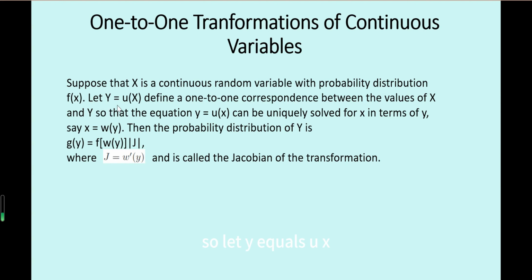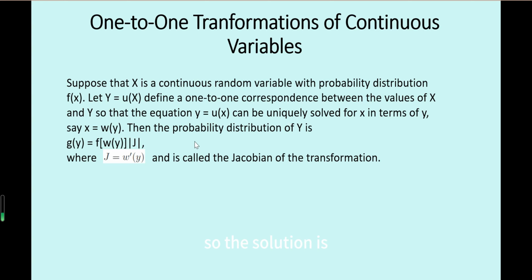Let Y equal u(X), which is a one-to-one correspondence between the values of X and Y, so that the equation y = u(x) can be uniquely solved for x in terms of y. So x = w(y) is the inverse function of x in terms of y. We want to find the probability distribution of Y from the given distribution of X.